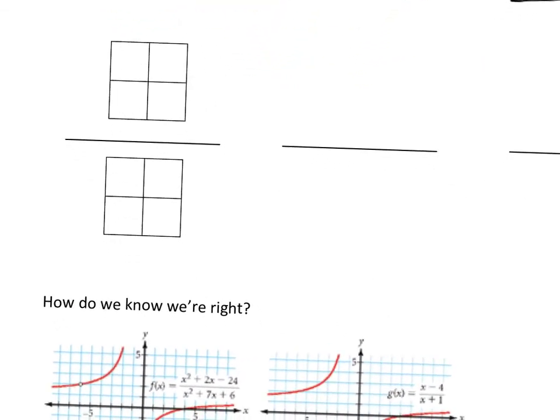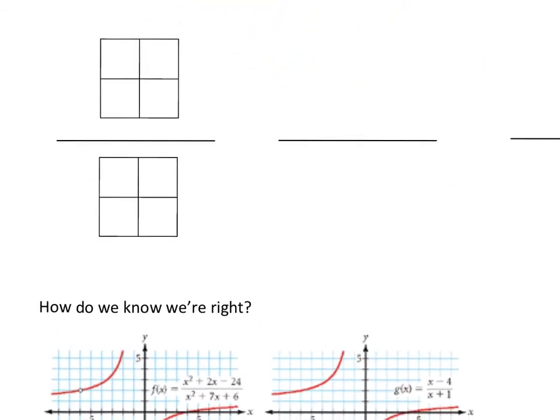So remember, when we are factoring, we always put the first term in the first box and the last term in the last box. And then we need to decide what values should go in our other two boxes in order to add up to our middle term, which is 2x.